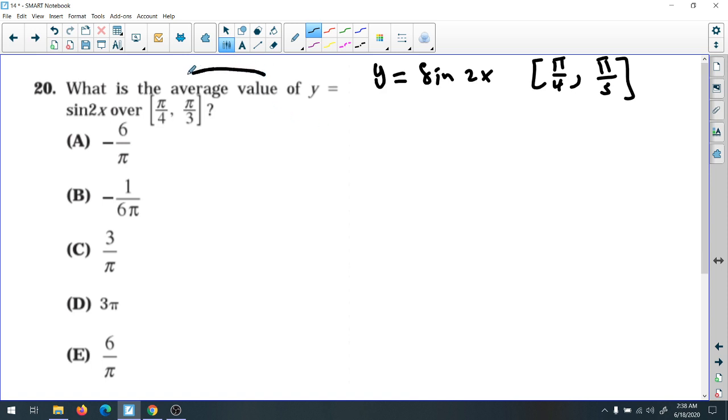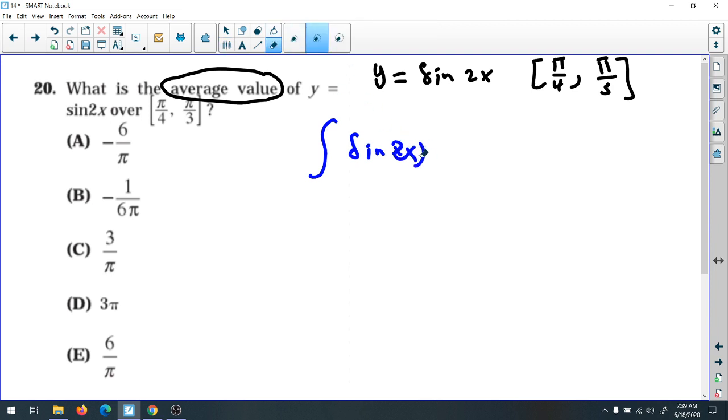When they tell you the average value, that's what you're going to do. It's the integration of the given function sine 2x with respect to x from 1/4 pi to 1/3 pi.